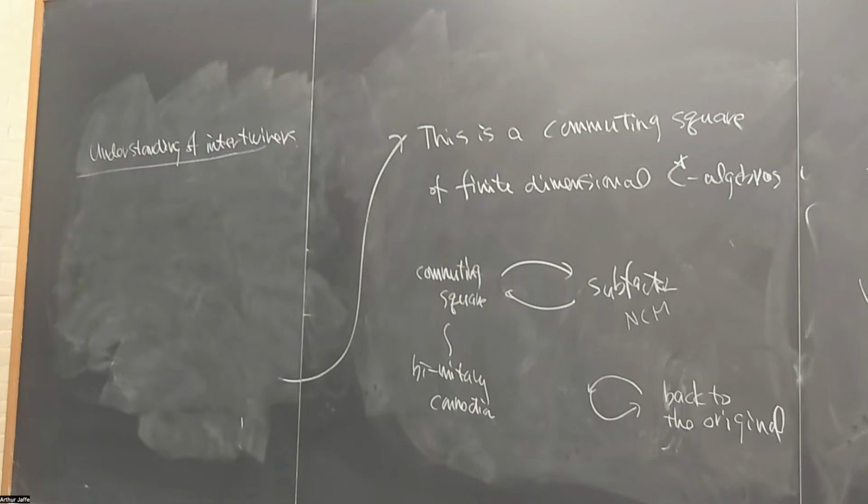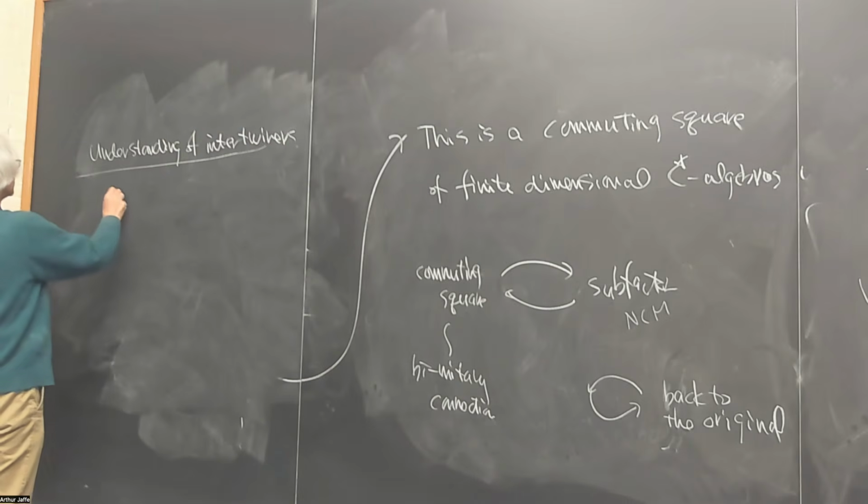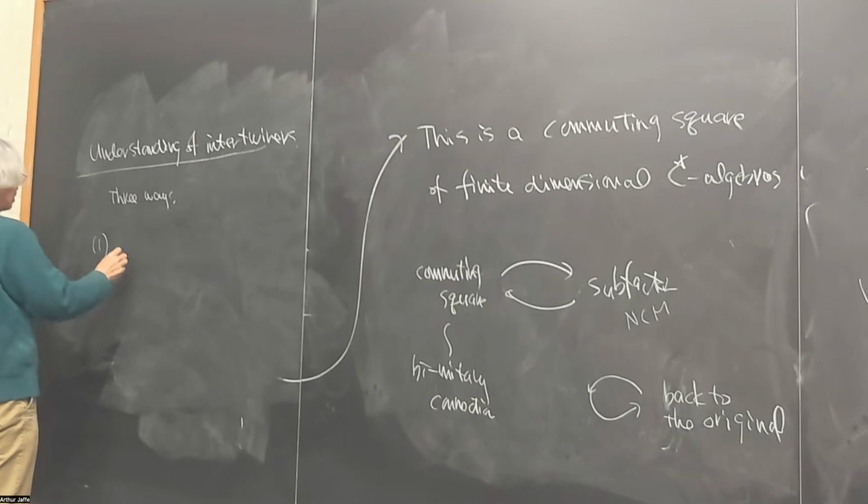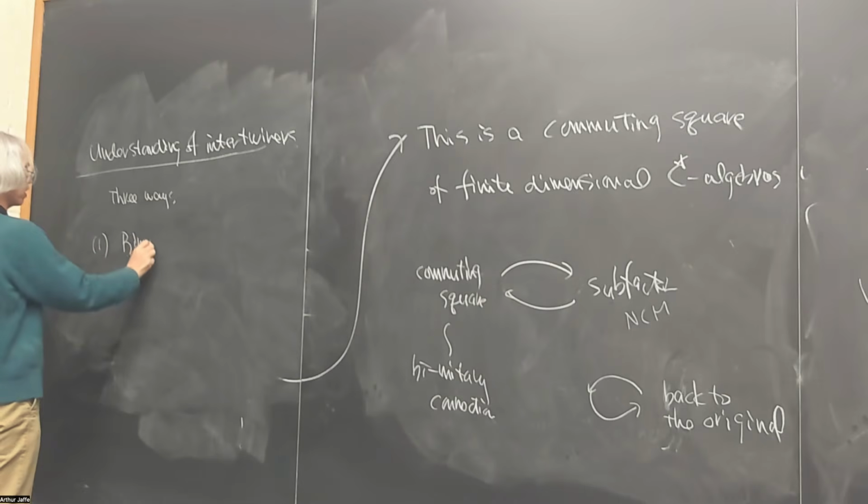For understanding the intertwiners, we have four ways. The first one is biunitary, which is standard.